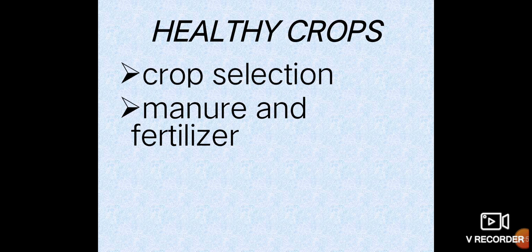Children, do you know what is manure and what is fertilizer? Let me explain. Manure is natural, whereas fertilizer is man-made. That means manure is prepared from the waste matter of animals. Fertilizer, it may be natural but may also have some chemicals and other substances.